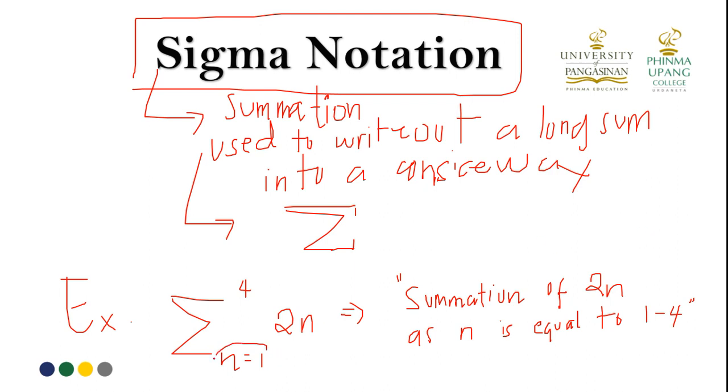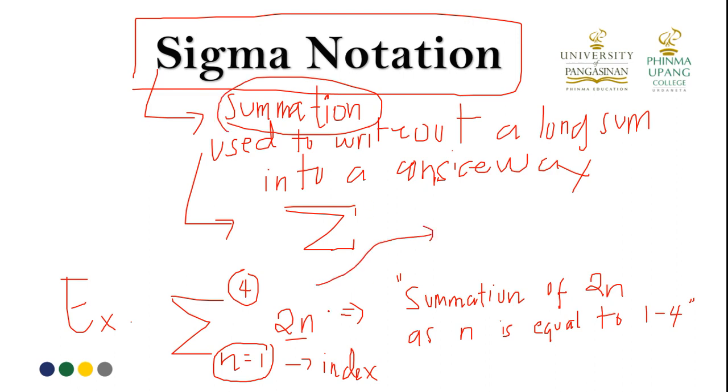As you can see po, we have n is equal to 1 and that is what we call the index, yung umpisa. And the katapusan or endpoint is 4. And 2n is the base. Again, summation of 2n as n is equal to 1 to 4. Paano ba siya gamitin? Yung 2n ang magsisilbing formula natin, and yung n starts sa 1.